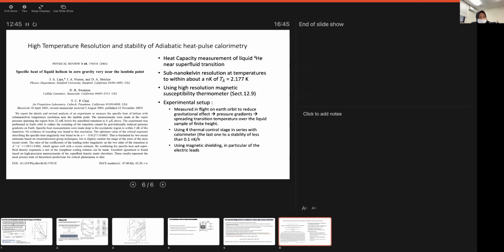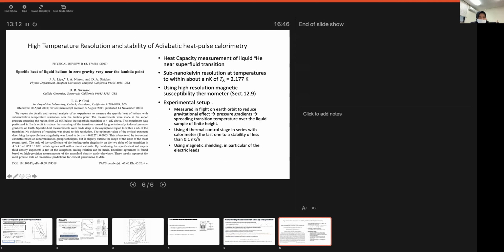And this is one example of adiabatic heat pulse calorimetry with respect to temperature resolution.